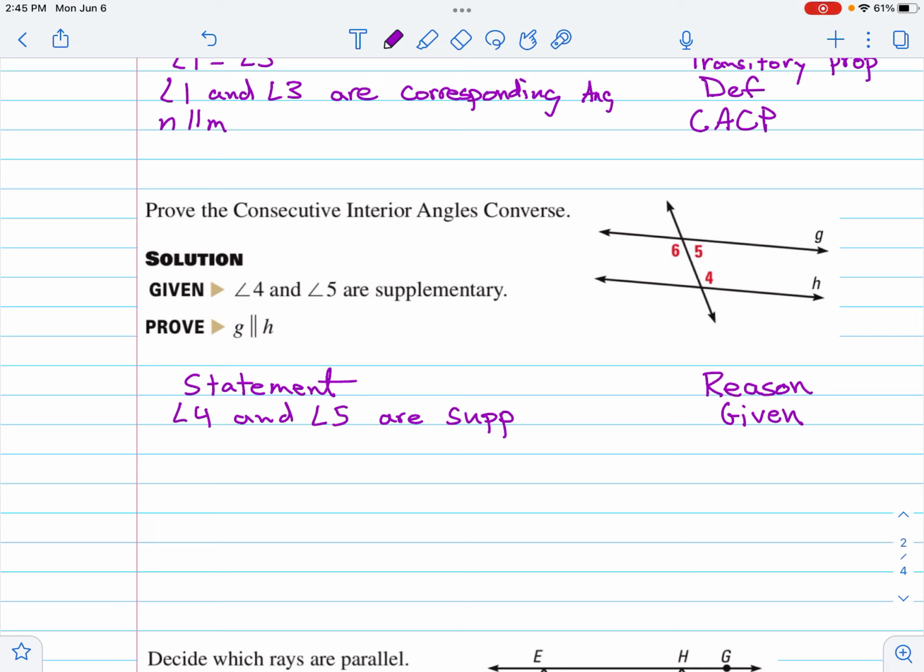Now, look what we're trying to do. Angle 5 and angle 6 are supplementary. Okay? And there are a couple of reasons you could give for that. I'll just say that they're linear pairs.